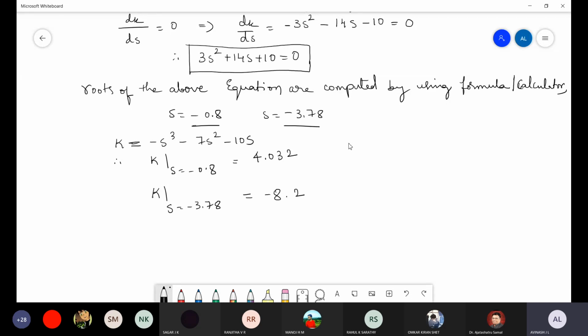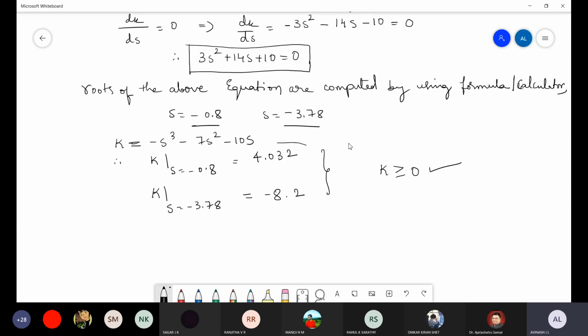Okay, so now two k values we got. All of you can check it. If you get any other different value, please let me know. So there is a condition called what? K must be greater than or equal to 0.